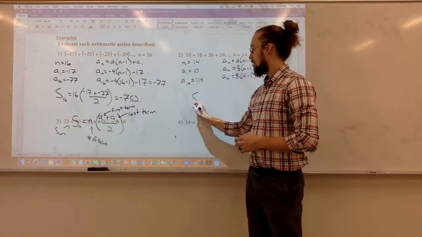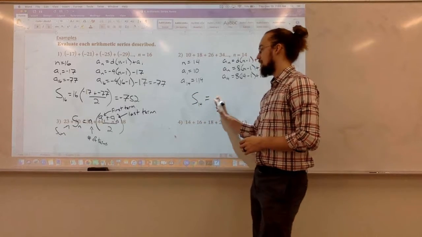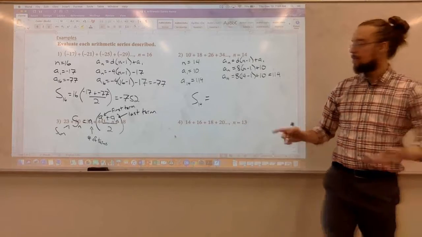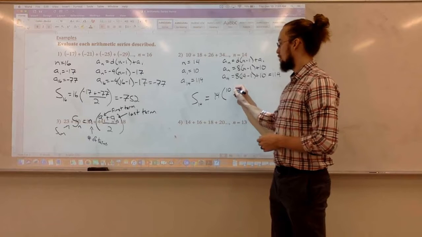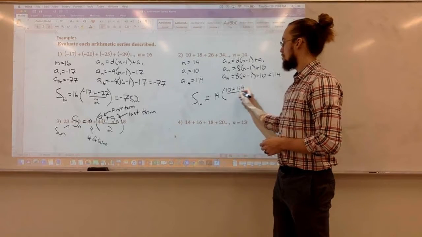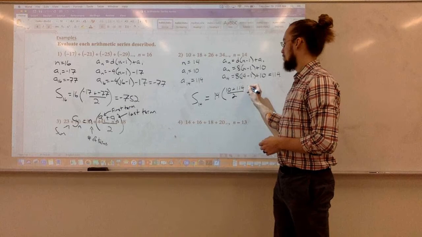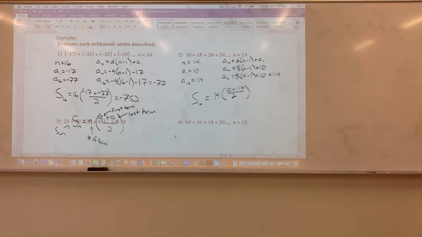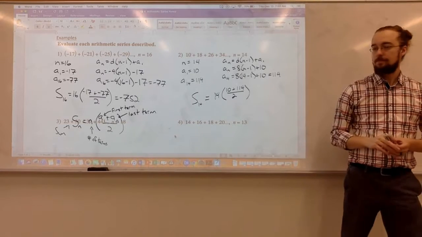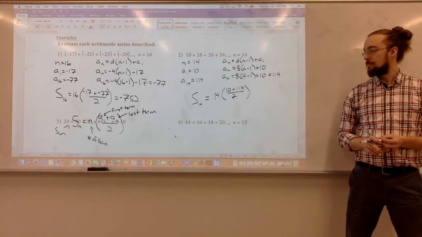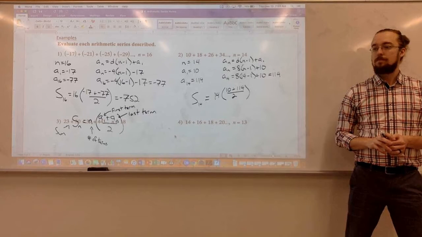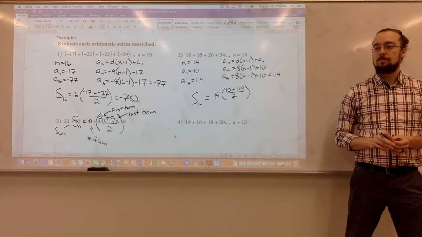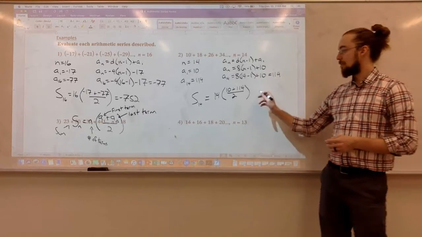So I can say S sub 14, the sum of the first 14 terms, is equal to n times a sub 1 plus a sub 14 over 2. So what is my sum of the first 14 terms here? 868.